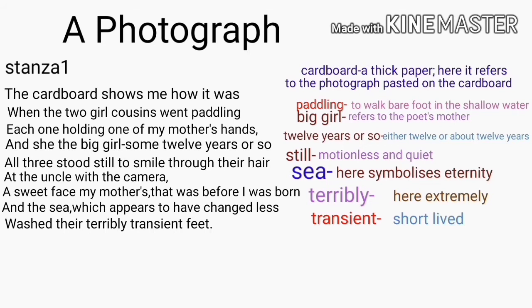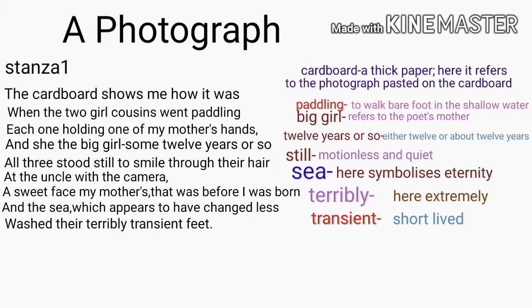Alliteration is a figure of speech in which the same consonant sound is repeated in consecutive words or expressions. Then, all three stood still. In the words stood still, there is also alliteration because the same consonant sound is repeated. And then again, here, a sweet face, my mother's. In my mother's, alliteration is there.